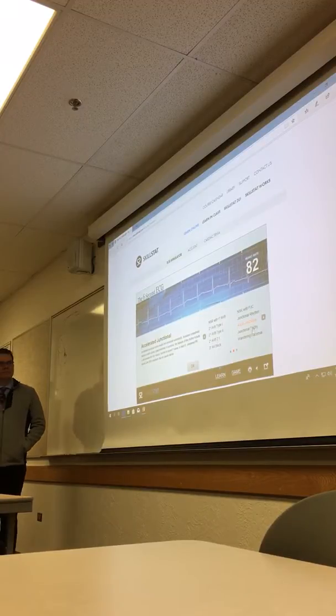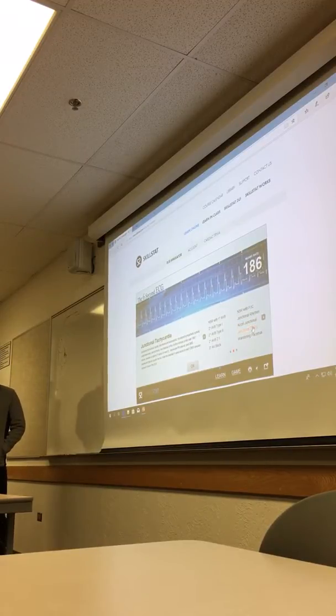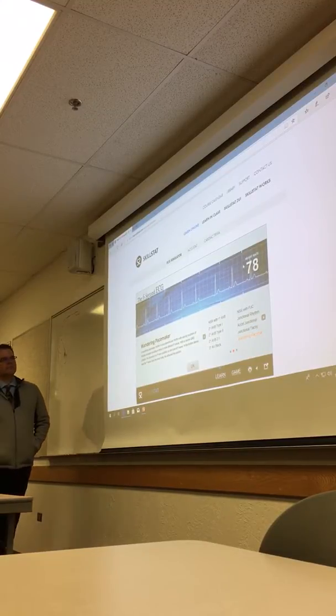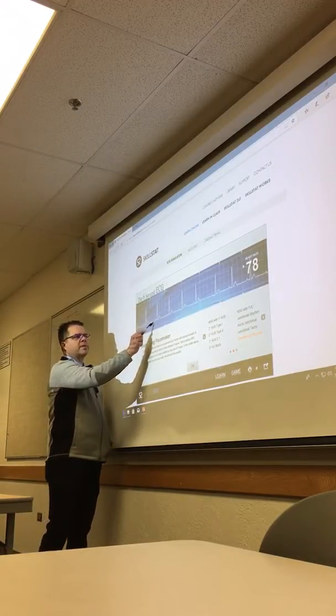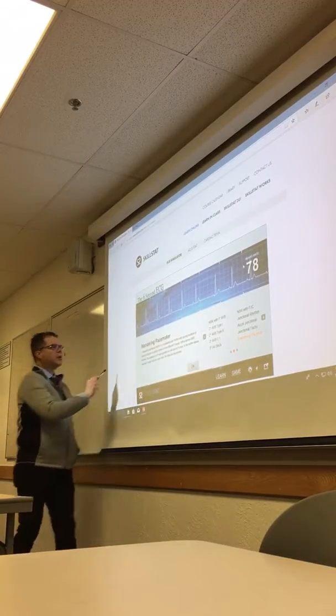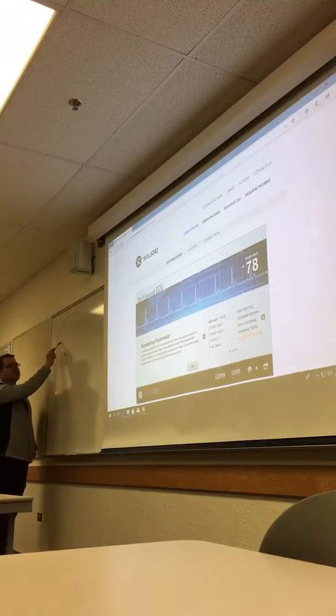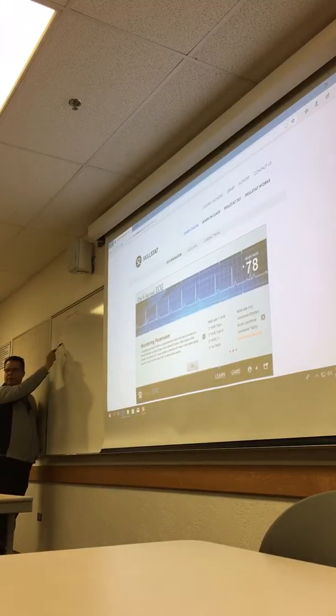All right, we've talked about junctional tachycardia, and now the wandering pacemaker. Remember the electrical signatures: if they look the same, like these two, they're coming from the same area of the heart, presumably the SA node. This becomes the pacemaker for the atrium.